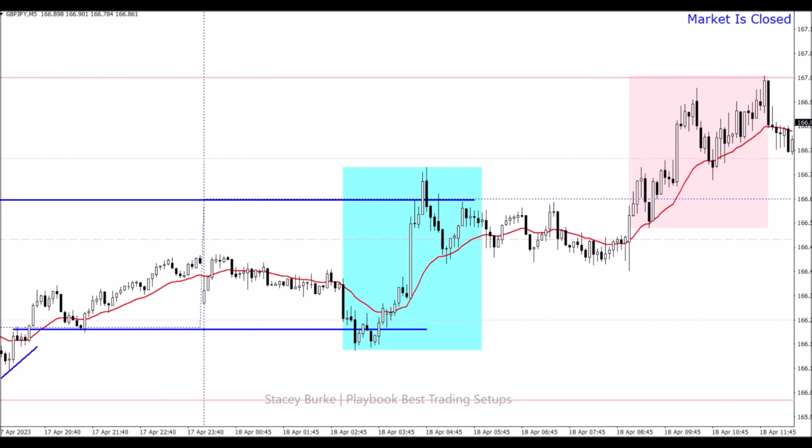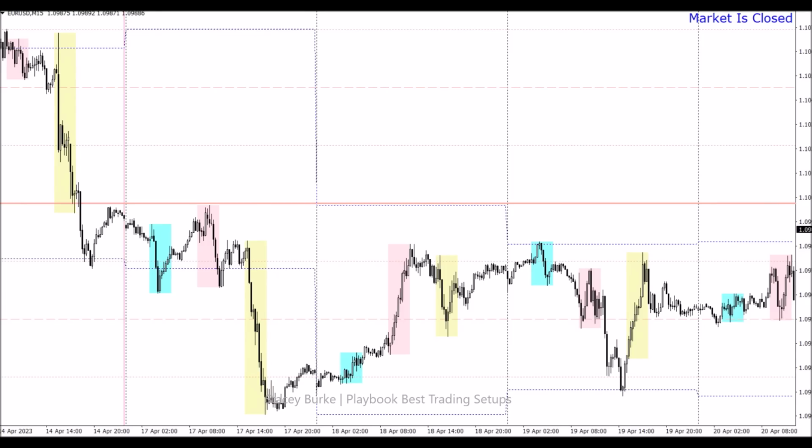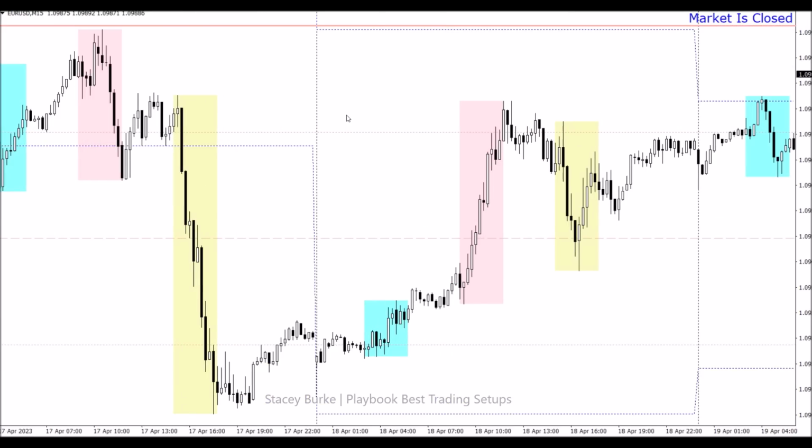There was major red news in the London window at 2 a.m. New York time. If we look at the euro on Tuesday, we had British pound claimant count at 2 a.m. New York time, but another example of a 3-session opportunity.